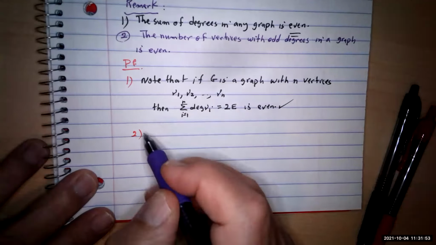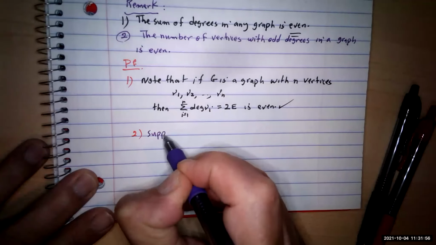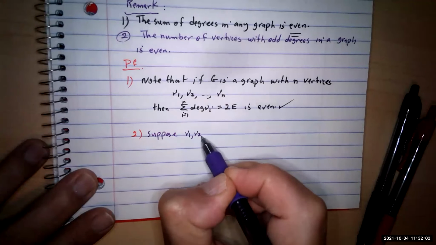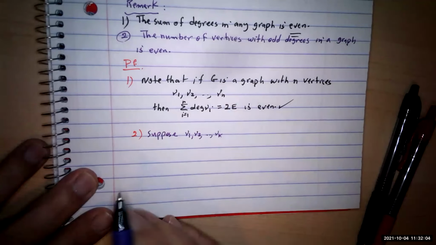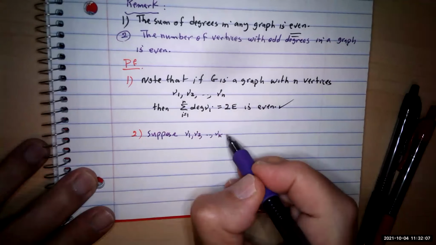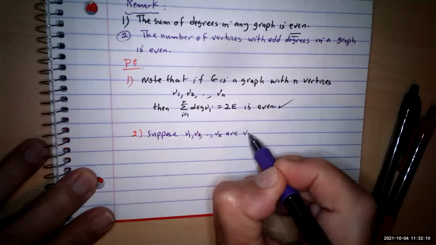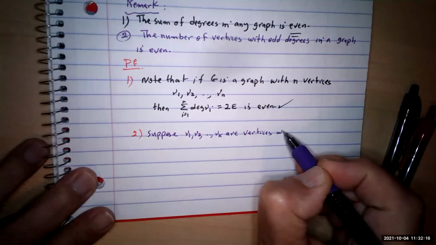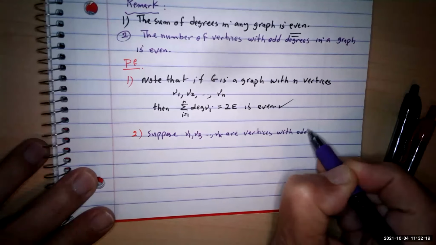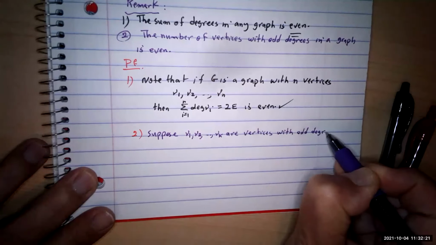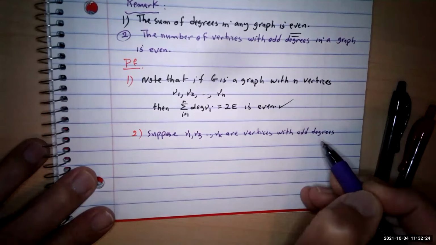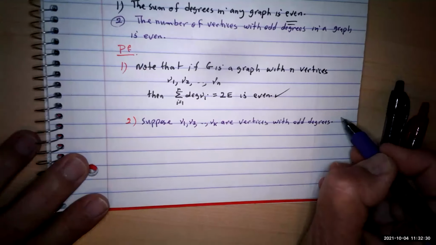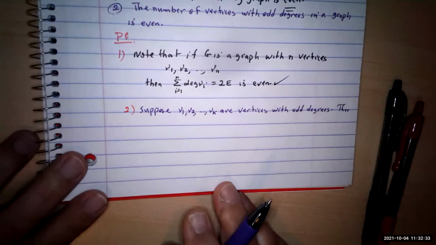So for the second part, suppose v1, v2, up to vk are the vertices with odd degrees. So the rest would have even degrees.